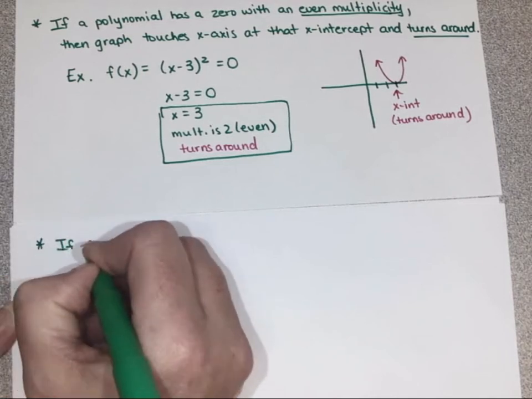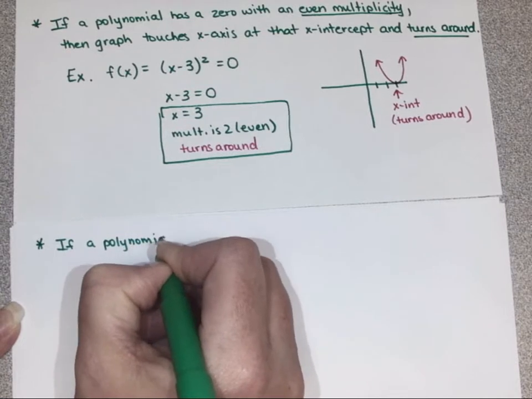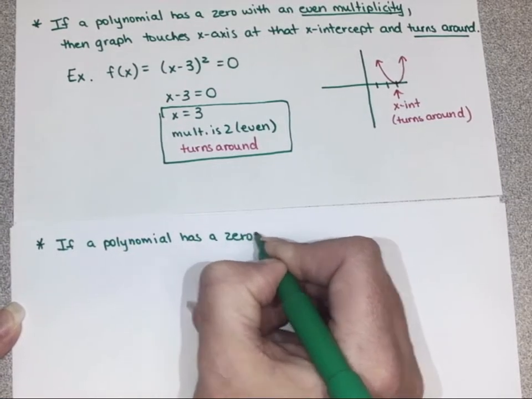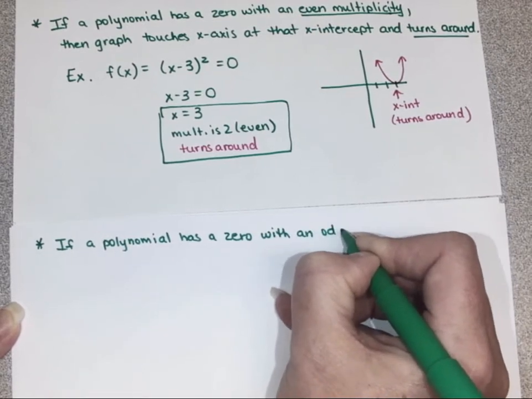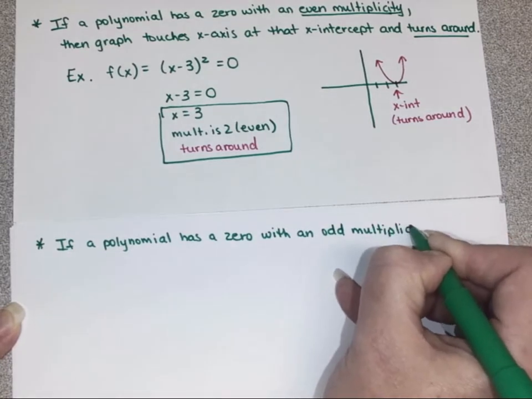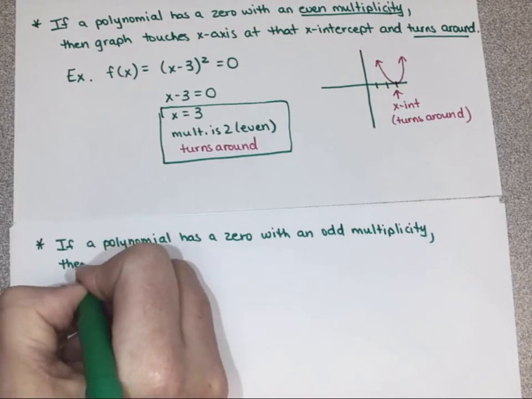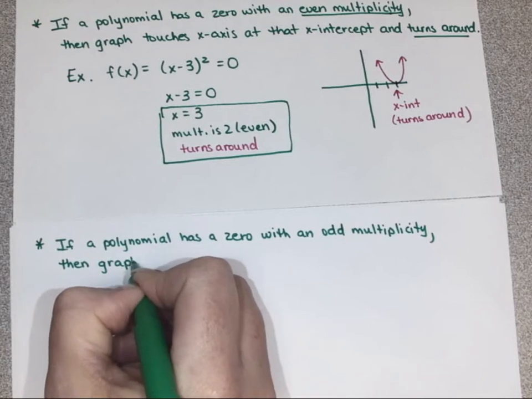So if a polynomial has a 0 with an odd multiplicity, and I forget exactly the wording that my math lab uses, but it says something like crosses or goes through or something like that. All of those things mean the same thing.